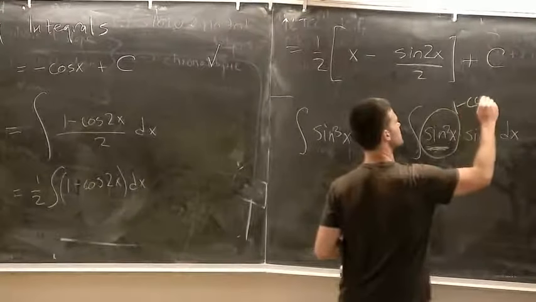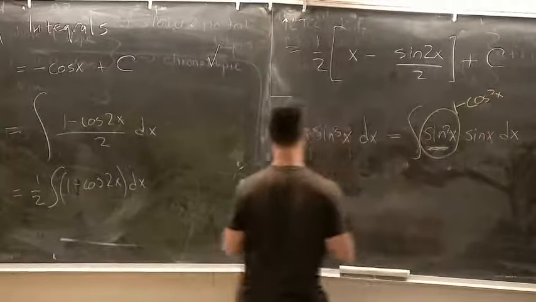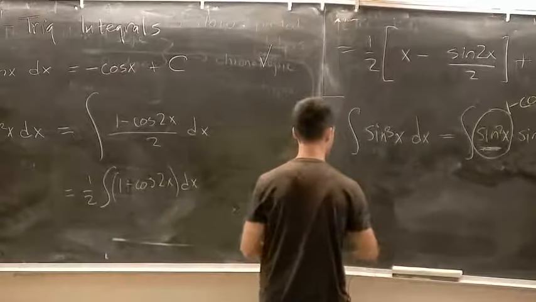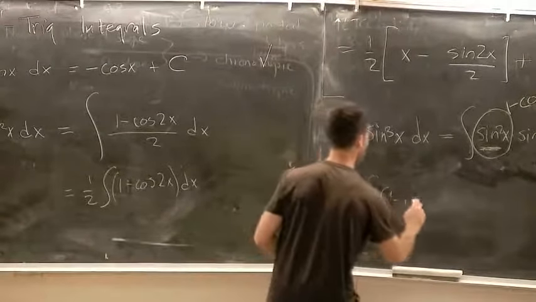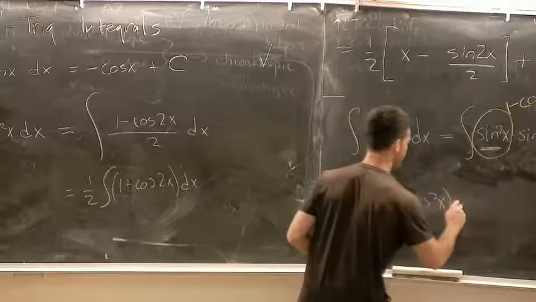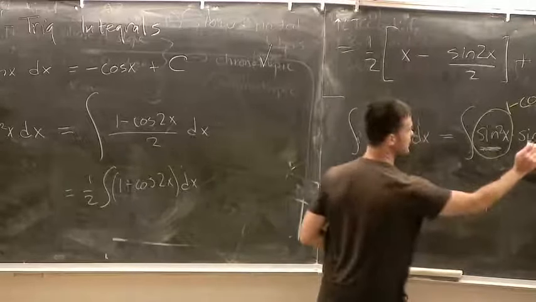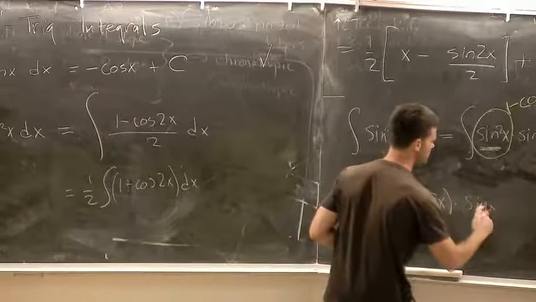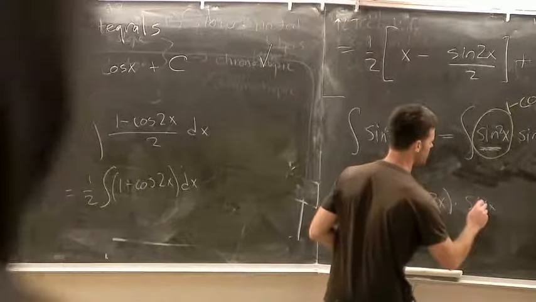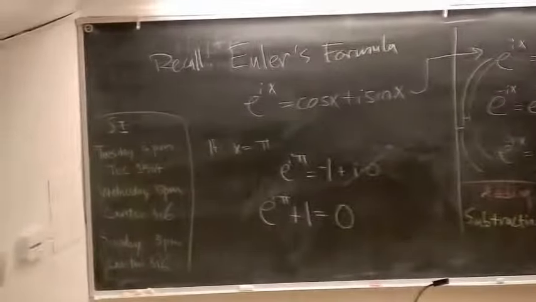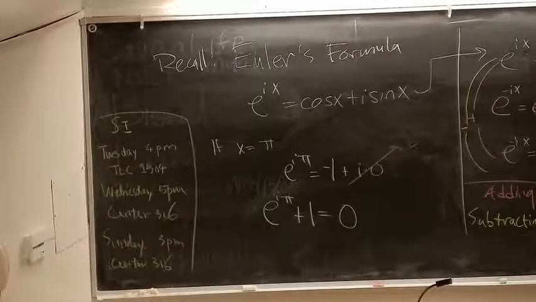So this is the same as 1 minus cosine squared. So I get 1 minus cosine squared of x. And then I still have this sine x left on the end, which I deliberately left there because this is now perfect for what method is this now set up perfectly for?